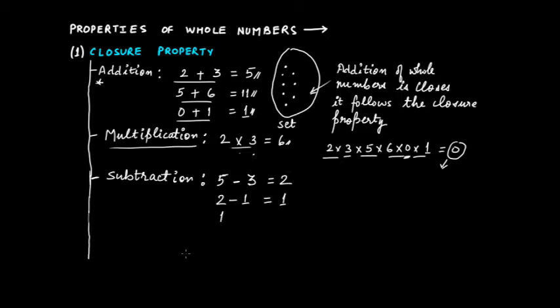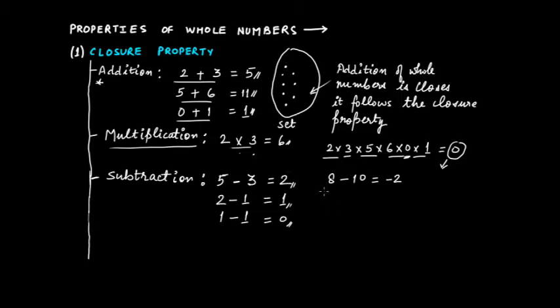If you have 1 and you subtract 1 from it, what would you get? You would get 0. So even in this case I got a whole number, here also I got a whole number, here also I got a whole number. But what if I have 8 minus 10, and what you would get is minus 2? Is it a whole number? No, of course it's not a whole number.